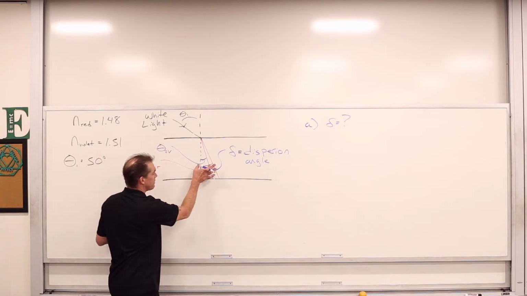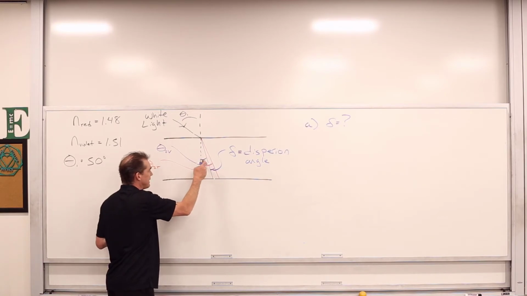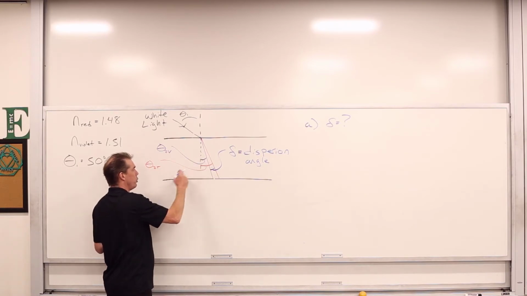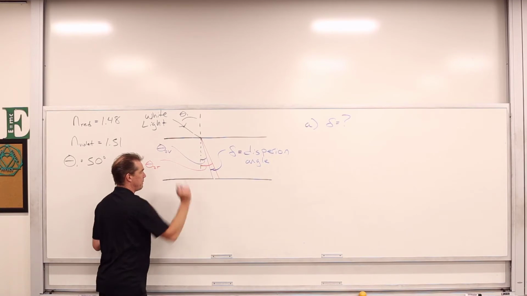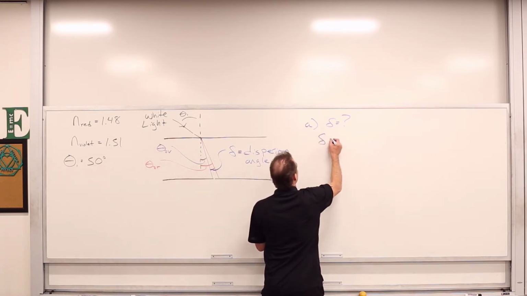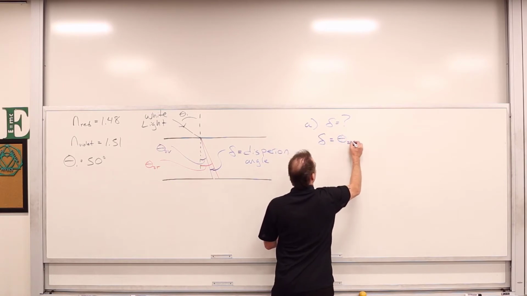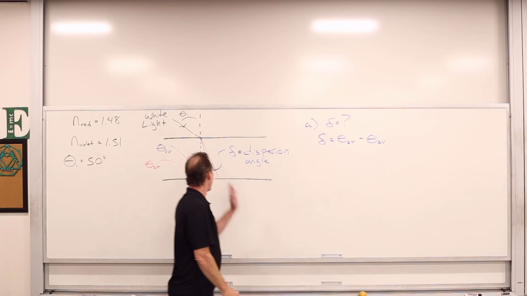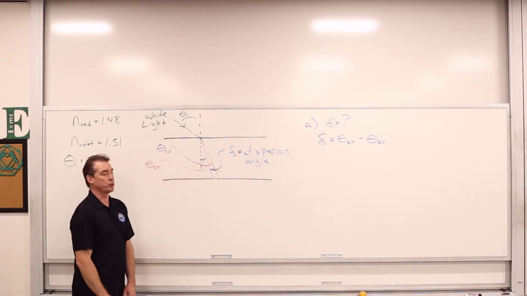If we look at this total red angle and this total violet angle, and take the difference between the red and the violet, we're left with this little bit, delta. So delta is equal to theta 2 red minus theta 2 violet. The larger minus the smaller gives us what's left over in between.